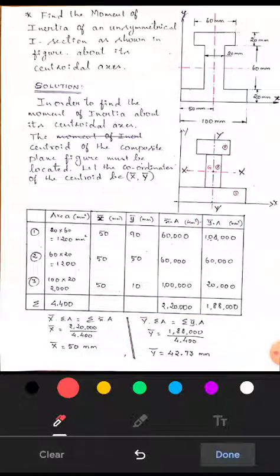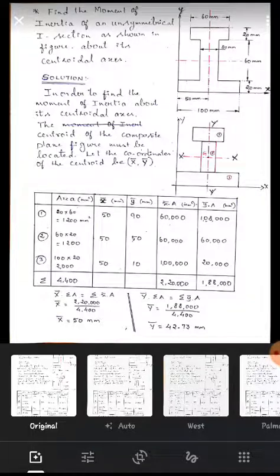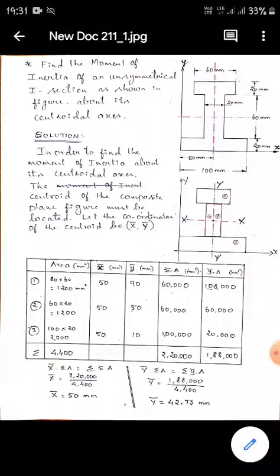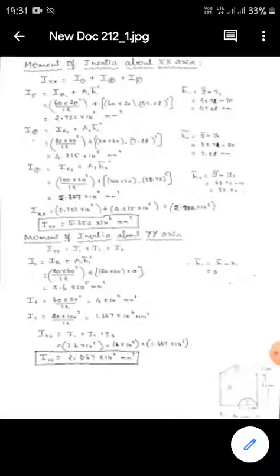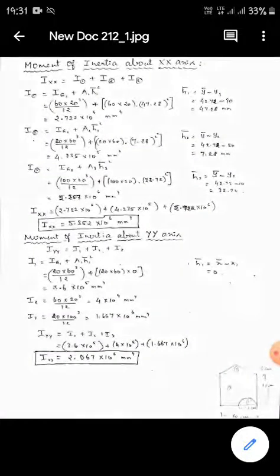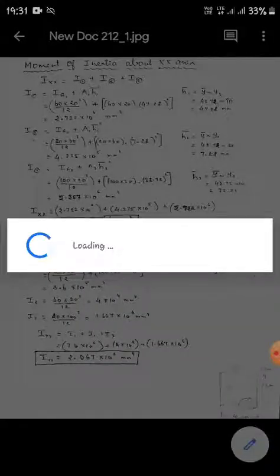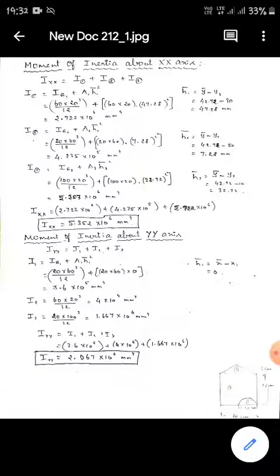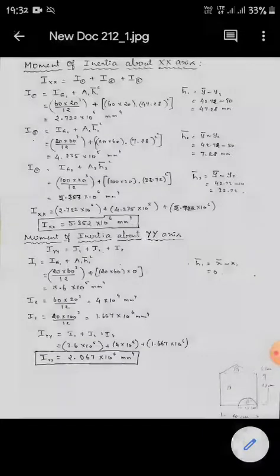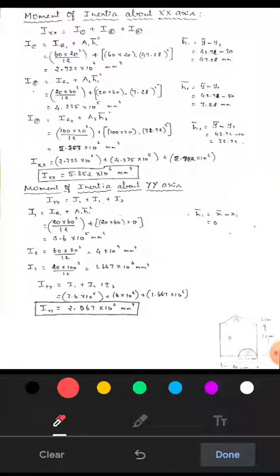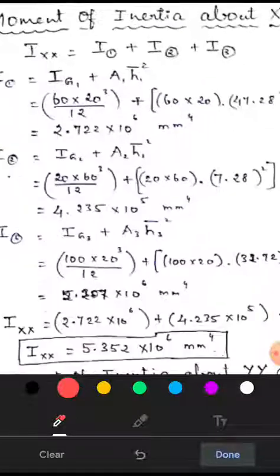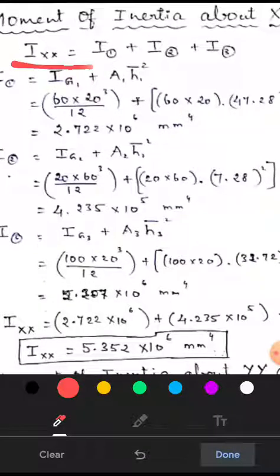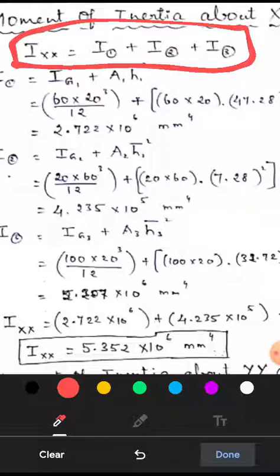The area moment of inertia of the entire composite plane figure will be equal to the sum of the area moments of inertia of the individual rectangular areas. I1 is the area moment of inertia of the first rectangular area, I2 of the second area, and I3 of the third area. The addition of everything will give you the moment of inertia about the x axis.